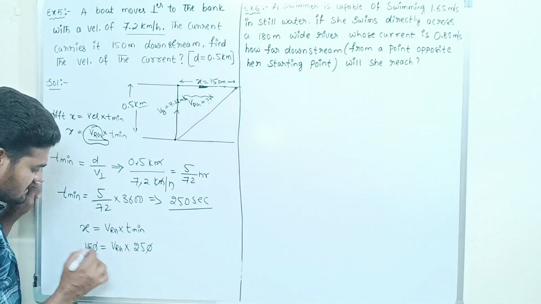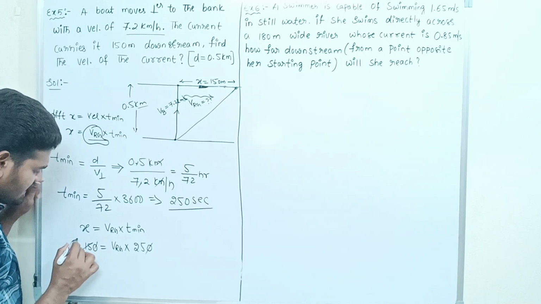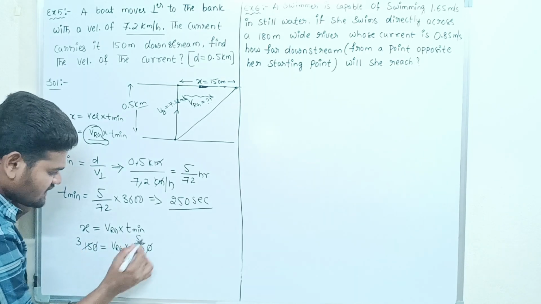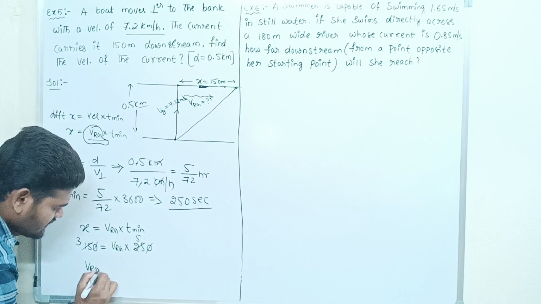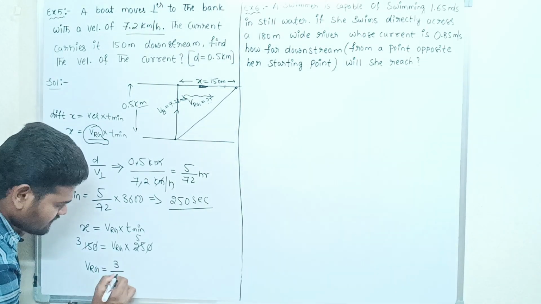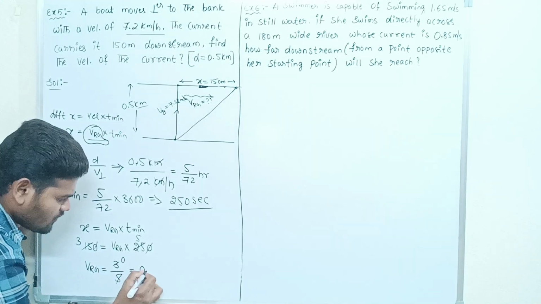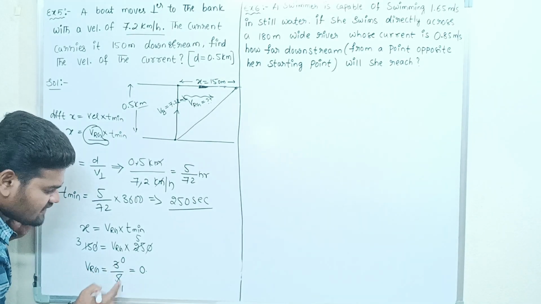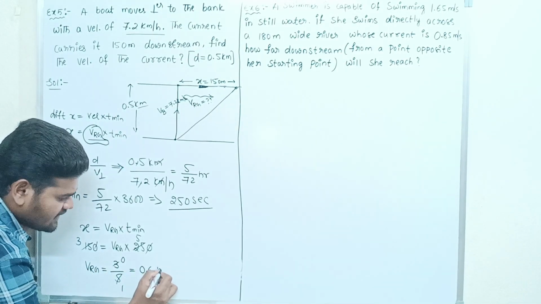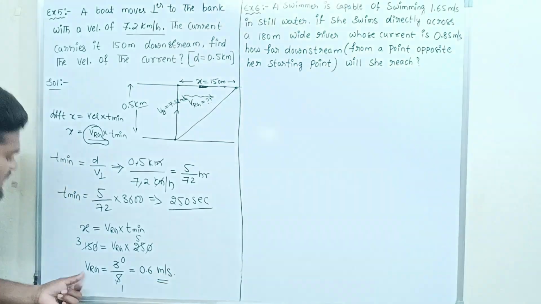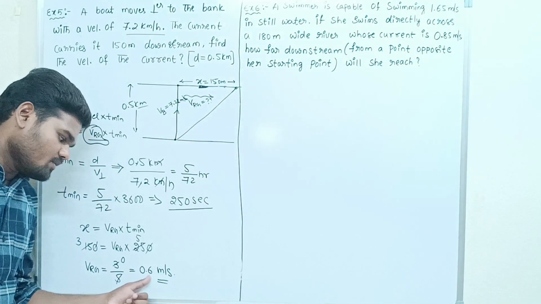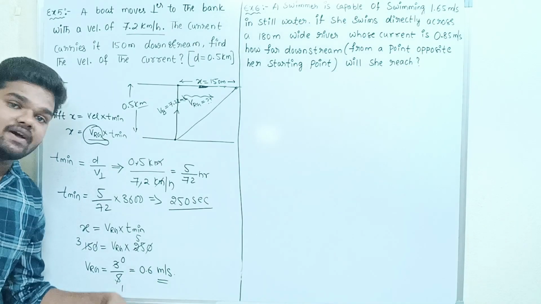The zeros get cancelled out. 5 3s are 15, 5 5s are 25. From this, velocity of river with respect to ground is equal to 3 divided by 5, that is 0.6 meter per second. Okay?